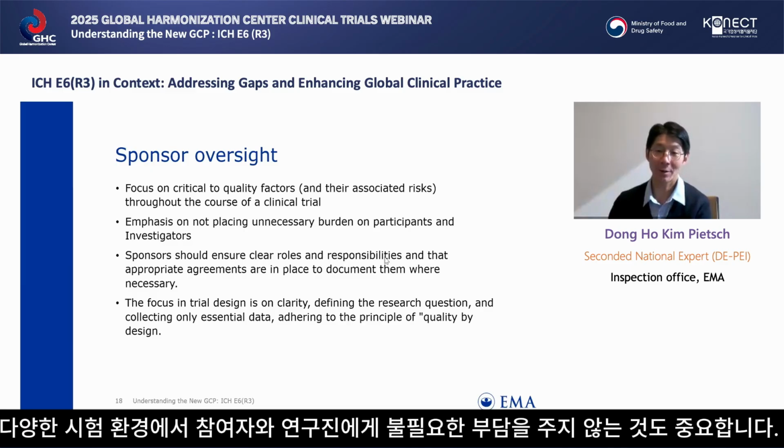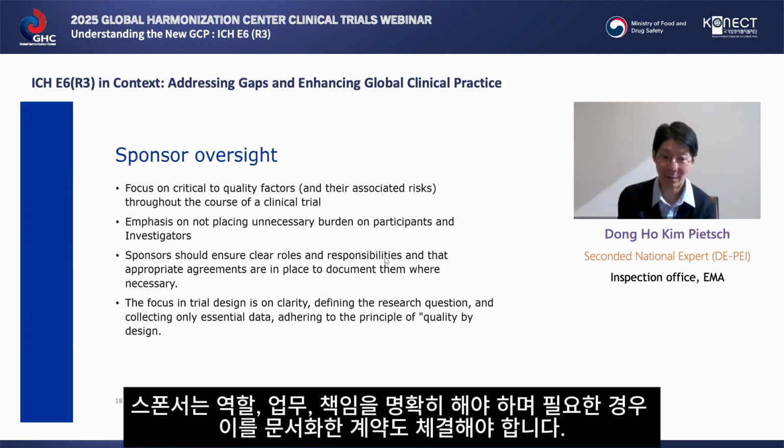Again, with the different trial type settings, it calls for not placing unnecessary burden on the participants, the investigators and the staff. The sponsor should ensure clear roles, tasks and responsibilities, and there should be appropriate agreements in place, where necessary, to document this.